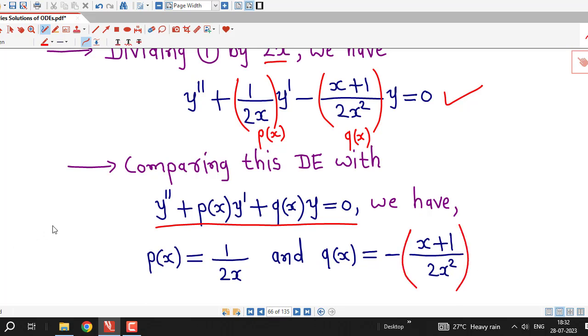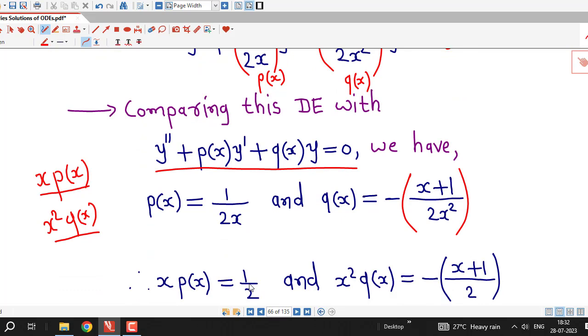To check whether x = 0 is a regular singular point, we have to find out whether x times p(x) and x² times q(x) are analytic at x = 0 or not. If both are analytic at x = 0, then x = 0 is a regular singular point.